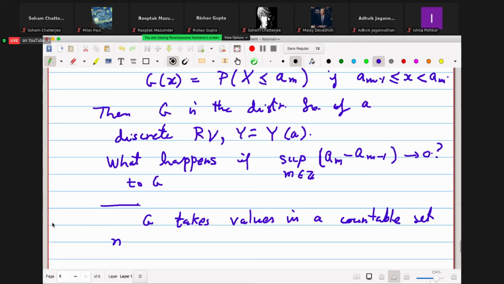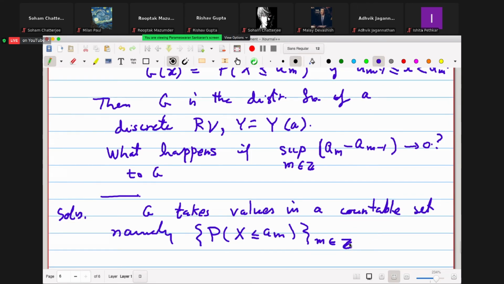So this is the solution. I will be unable to complete it, but a countable set, namely, what is that set? The set is the probability that X is less than or equal to a_m, with m in the integers. Okay, so that is already done.